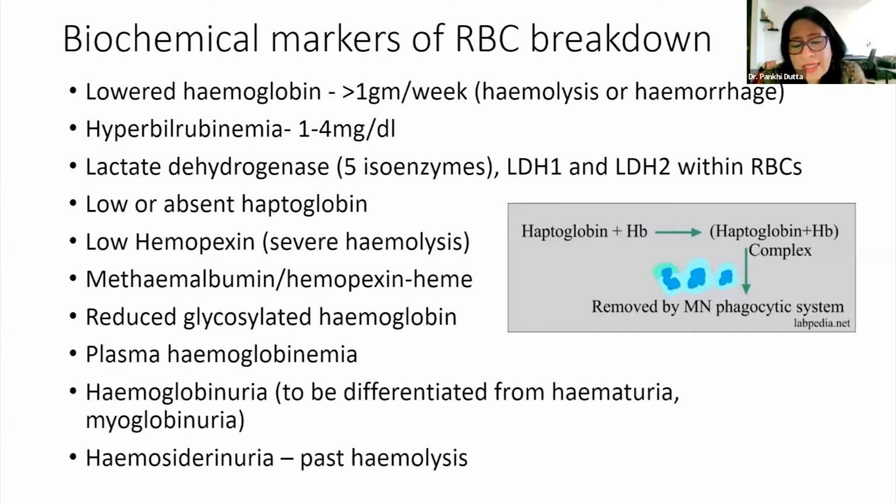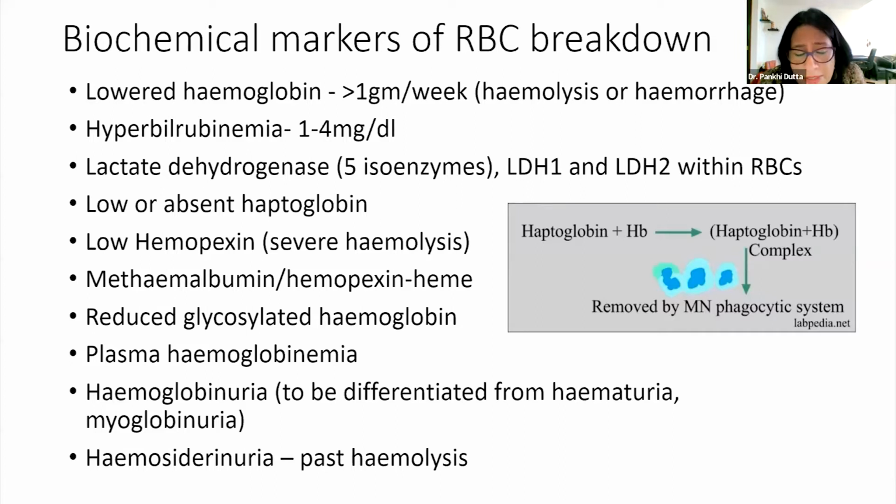Myoglobinuria is yet another situation, where you have muscle breakdown, and both hemoglobinuria and myoglobinuria would have a similar color. Even if we read using a spectrophotometer, the same wavelength gets excited. So it's the plasma: in myoglobinuria, myoglobin will not rise in the plasma.